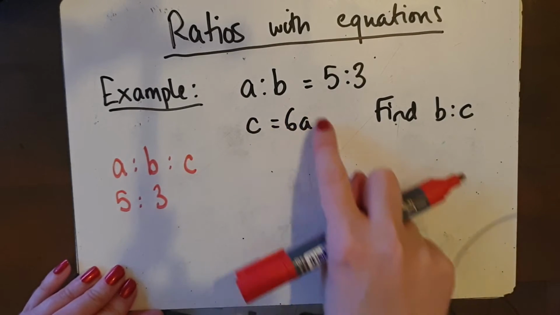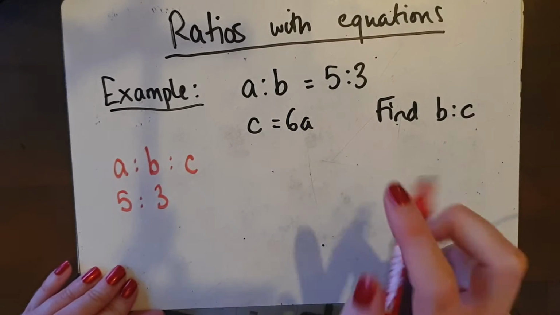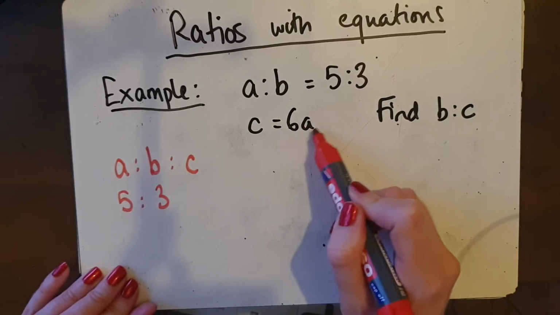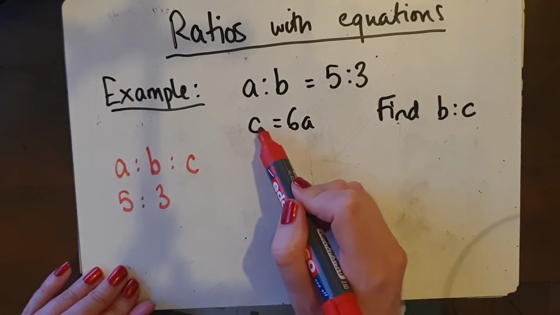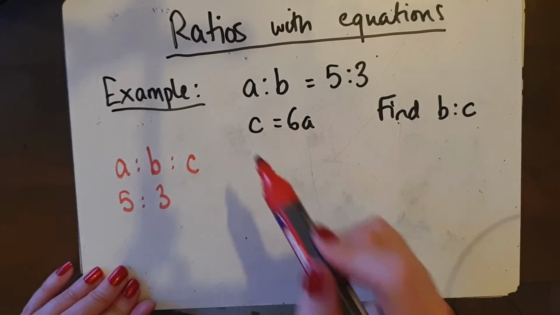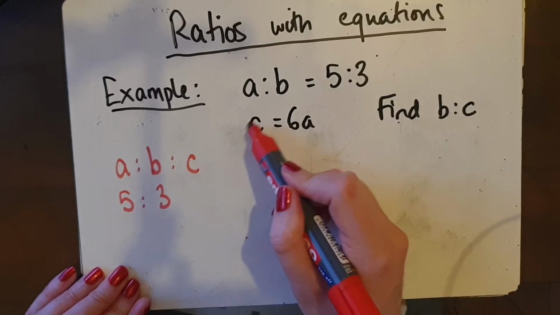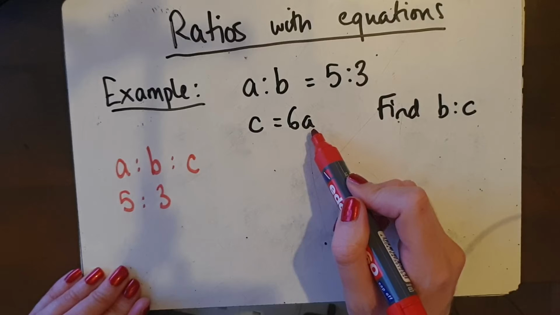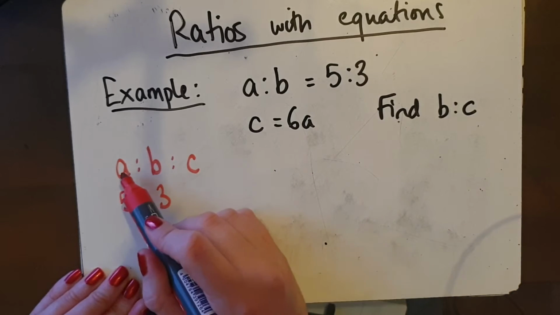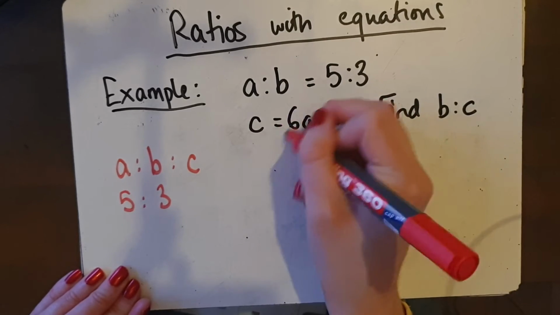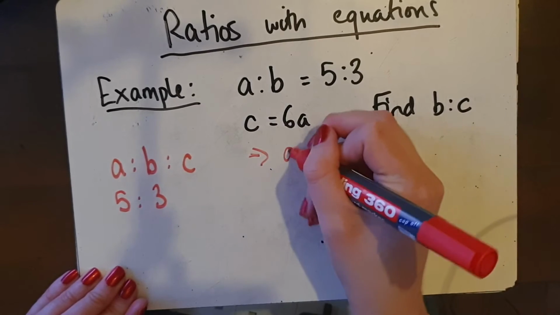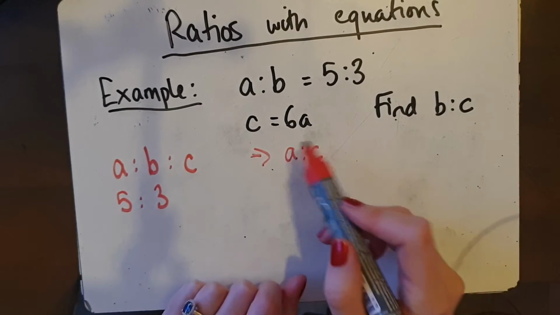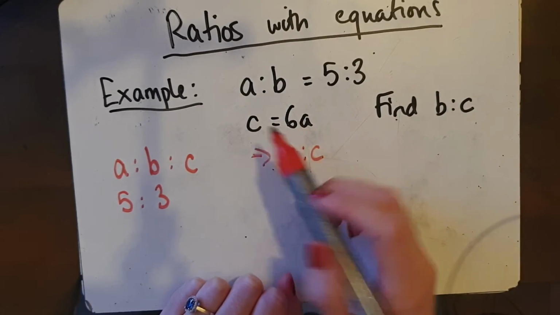Now from this equation, when we have 6 lots of A, that only makes up 1 lot of C. What that means is C is worth 6 times more than A is. So for the ratio A to C, it doesn't imply that A is 6 to C 1.